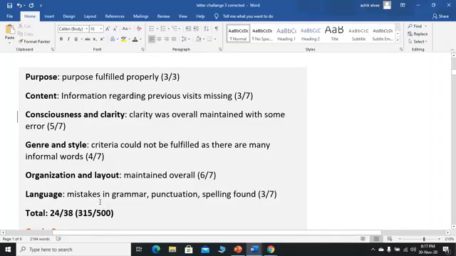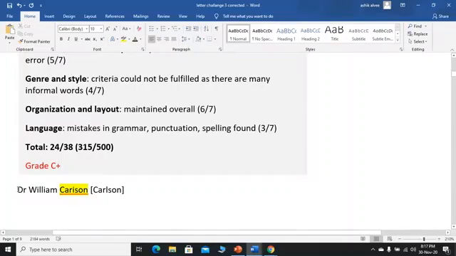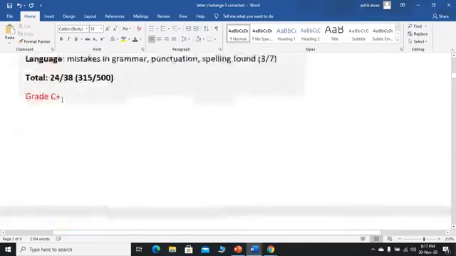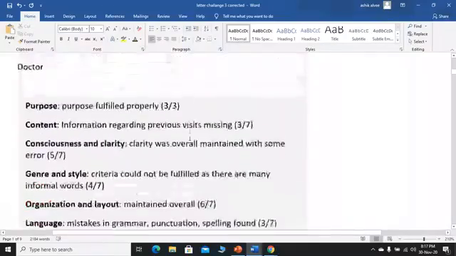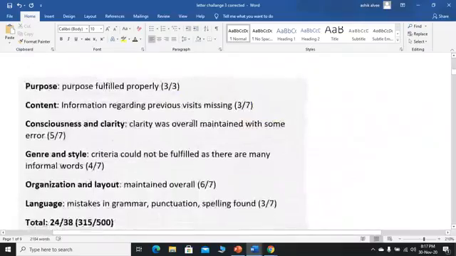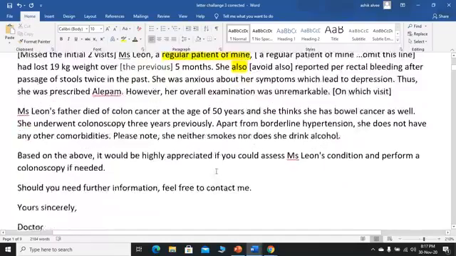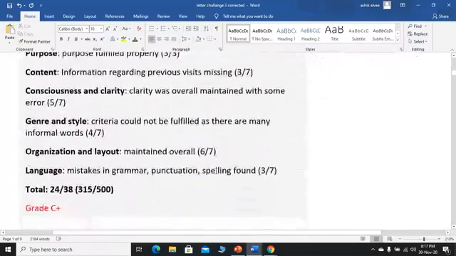The language, there have been many mistakes in grammar, punctuation and spelling. Like William Carrison. Okay. Like the punctuation after date of birth that was mistaken. Like spelling mistakes and grammar mistakes. Nor does she drink and drinks, which I have mentioned already.